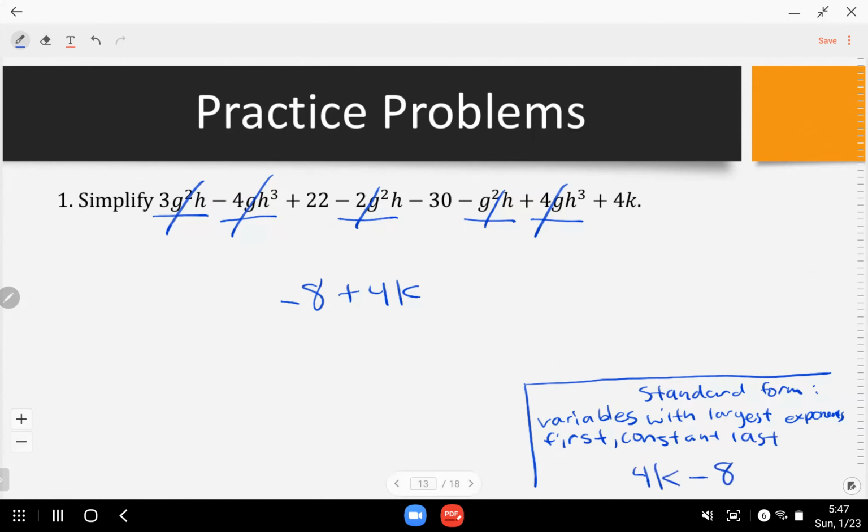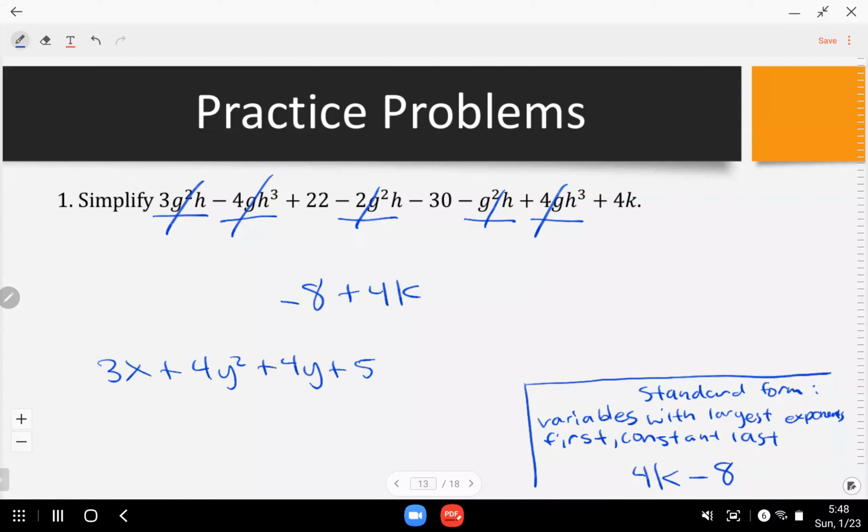So just to practice with standard form, I'm going to give you a little example here. So we have 3x plus 4y squared plus 3y. Actually, no, say 4y plus 5. All right. How are we going to put this into standard form, right?